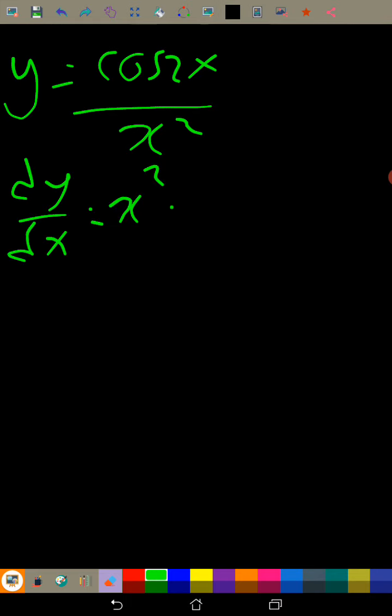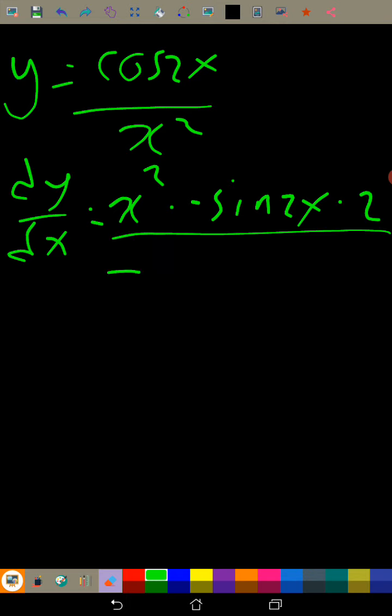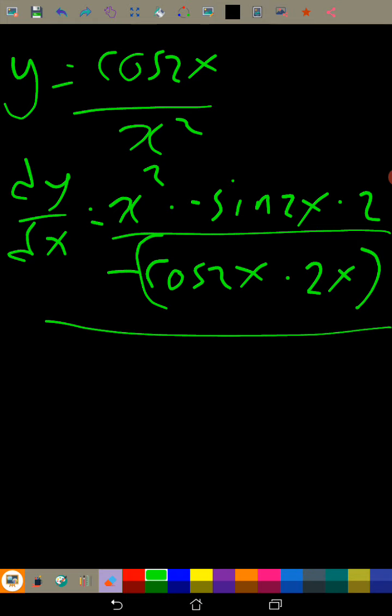We have x squared times, we differentiate this, you get minus sine 2x here, plus 2, and you have to minus this by cos 2x times 2x, right, and all this divided by x to the power of 4.